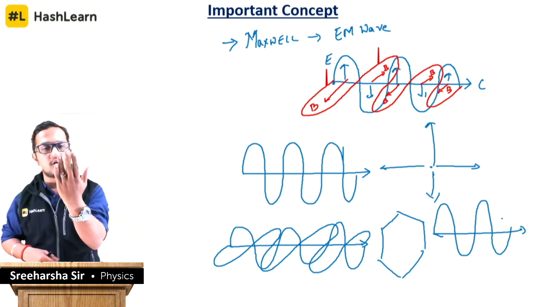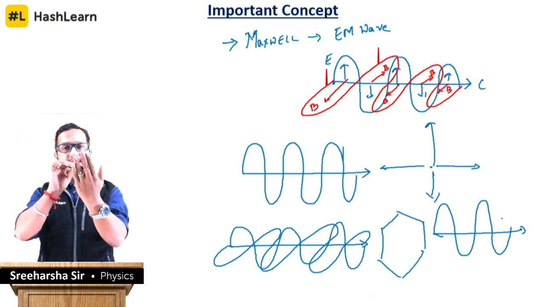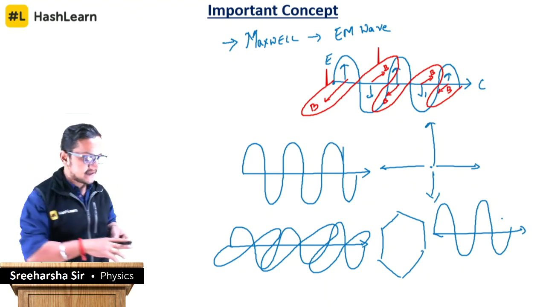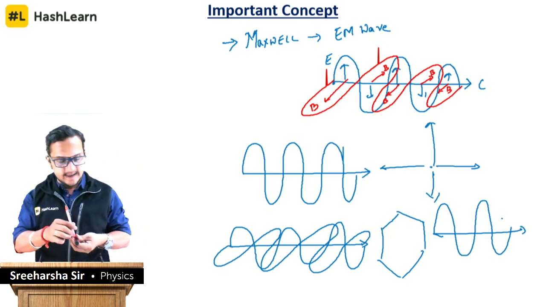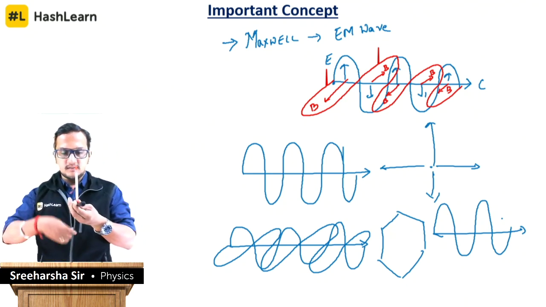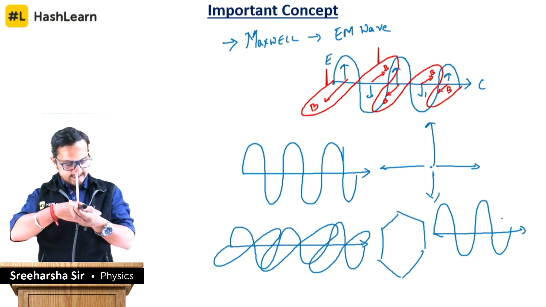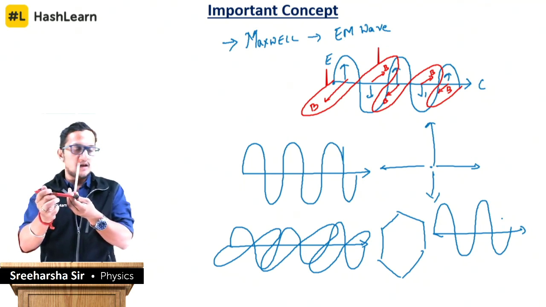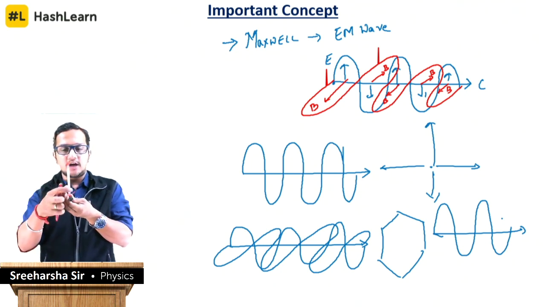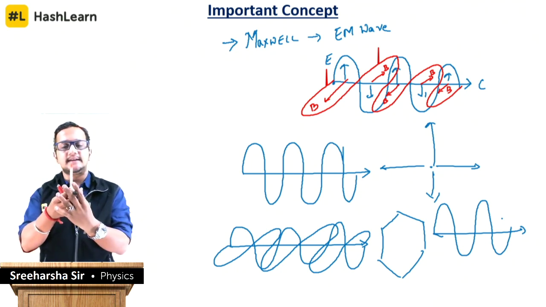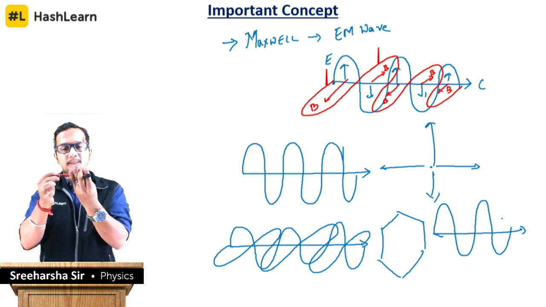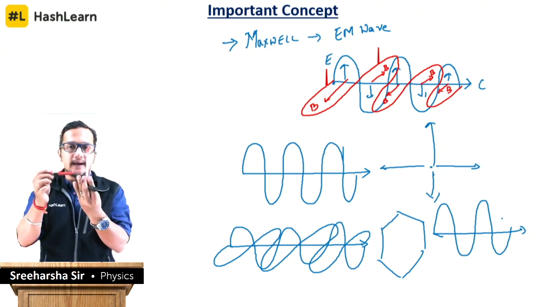Now you can imagine it something like this. You have a slit or an opening like this, and in this you have the directions like this. These red pens represent the electric field and the magnetic field which are perpendicular to each other. When I allow it to pass through a slit like this, the perpendicular plane is getting blocked, whereas this is allowed to propagate.